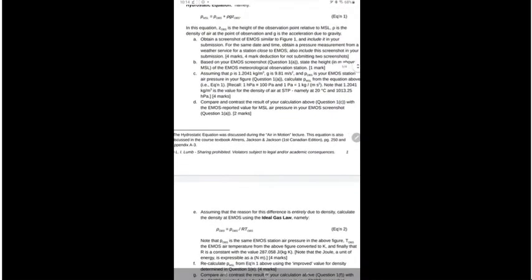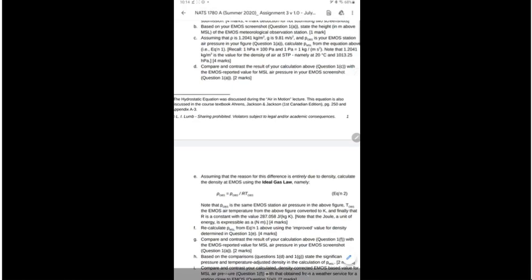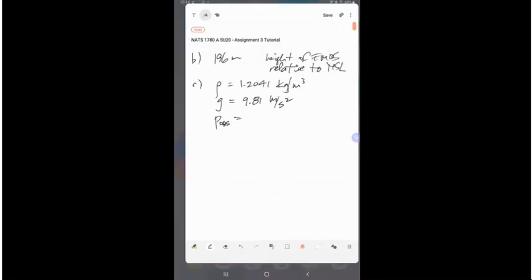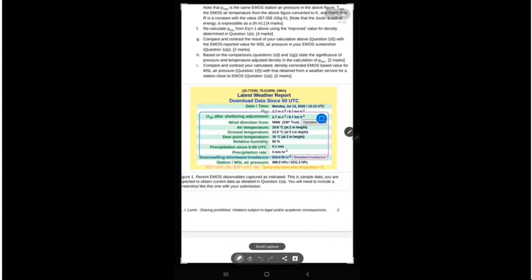So we've got our value for density, and then let's take our value for little g, the acceleration due to gravity. And what else do we have here that we're given? And then we need to list down our P observed. So let me put down little g. Again, this is the acceleration due to gravity, 9.81 meters per second squared, and P observed, we're going to get that from our EMOS data, and so each of you is probably going to end up with a slightly different value here.